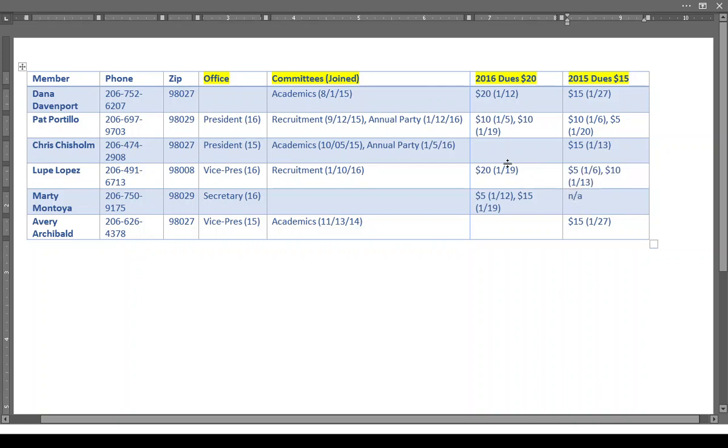Now we have yet another little piece of information to assimilate. If there's nothing in the cell, they still owe the money and haven't paid, but if it's NA, they didn't owe the money to begin with. So now we have several interesting things to deal with.